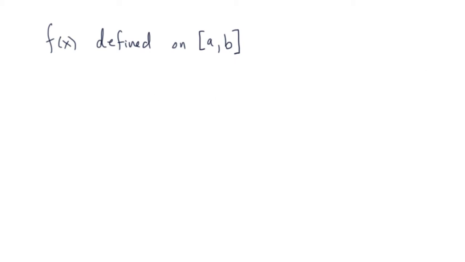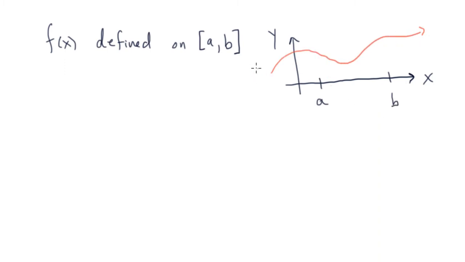But the idea is that here is our function that we can plot. So maybe here's a and here's b. Our function will look something like that. And then the question is really simple.